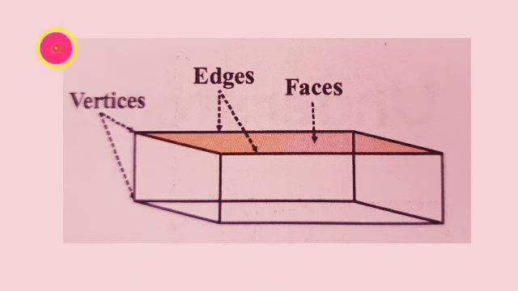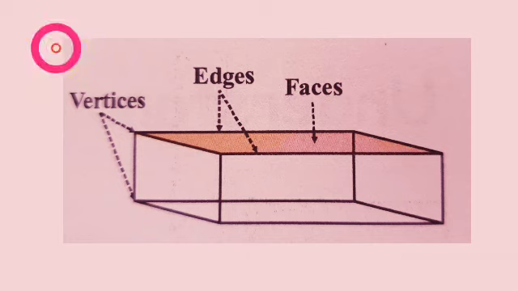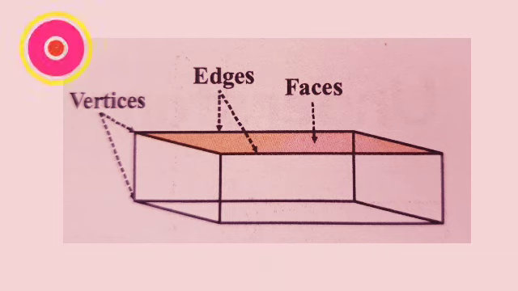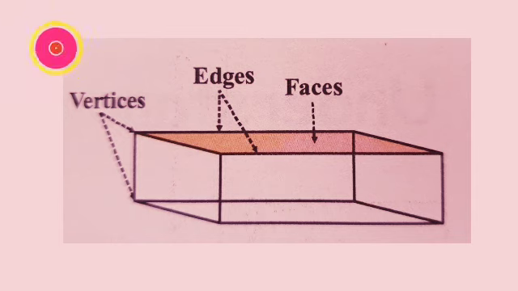There are 12 edges, top 4, bottom 4, and vertically 4, and there are flat surfaces which we call faces. Flat faces are 6 faces, top 2 and bottom, whereas vertically there are 4 faces, similar to a classroom which has roof, floor and 4 walls together, which is generally a cuboid.